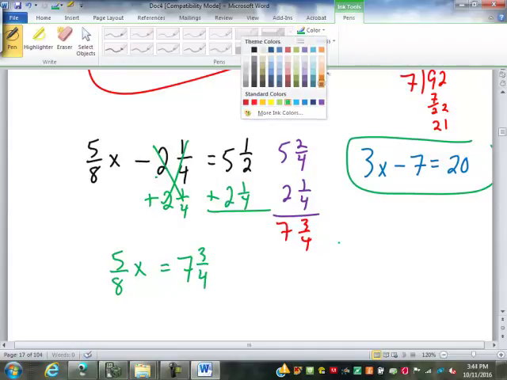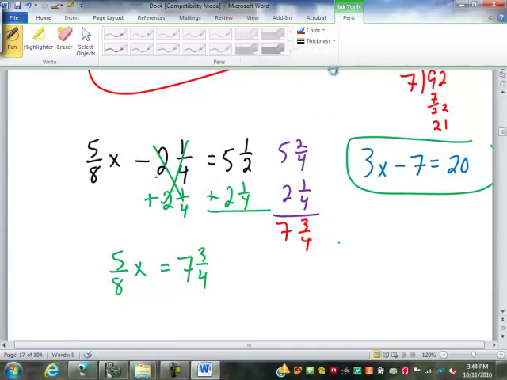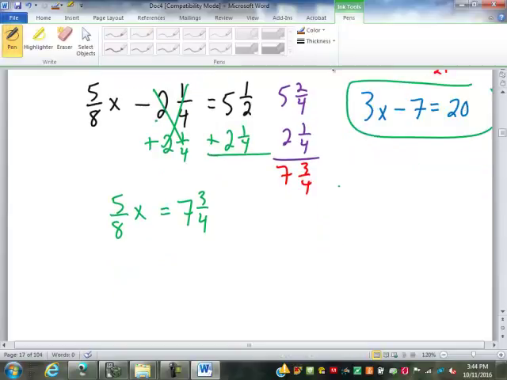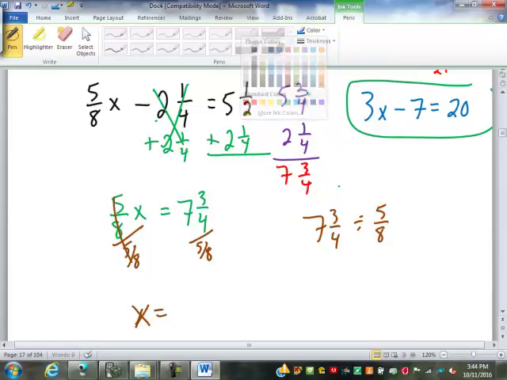Now what do we have to do? Well, x has been multiplied by 5/8, so we have to divide by 5/8. So 7 3/4 divided by 5/8. Make this improper. 7 times 4 is 28, plus 3 is 31/4.